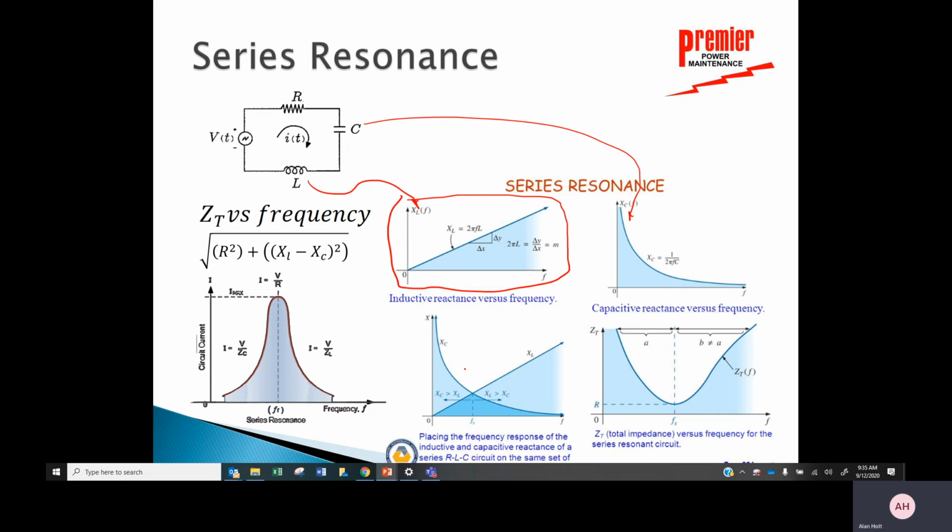So basically I've got X sub L going like this, and I've got this going like this. And this point in the middle is the resonant frequency. So if I do a graph of Z total, the total impedance of the circuit, at this point, the resonant frequency, all I've got is the resistor there. So that reinforces what we did in the previous slide.